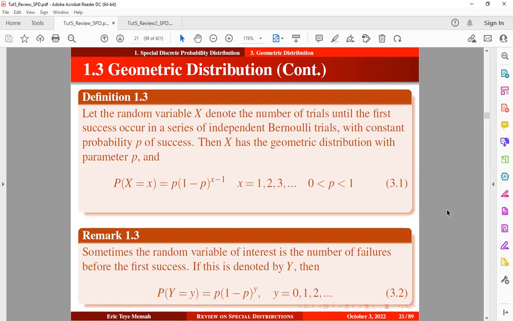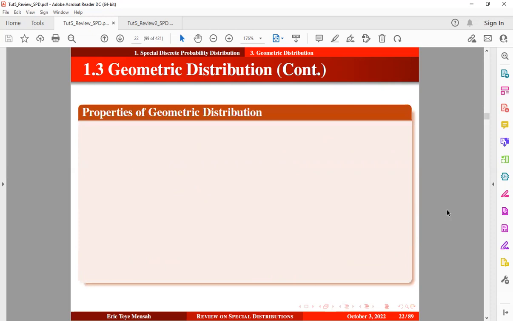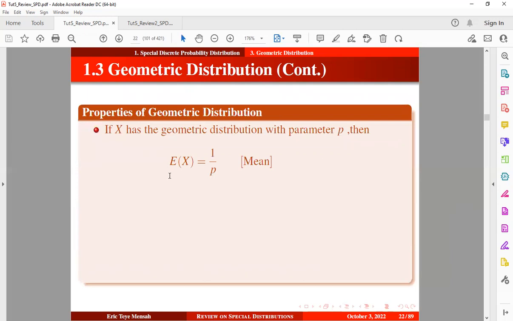All right, so now let's take a look at some properties of the geometric distribution. If x has the geometric distribution with parameter p, then the expectation of the random variable x is equal to 1 over p, which is the mean. And the variance of the random variable is equal to 1 minus p divided by p squared.